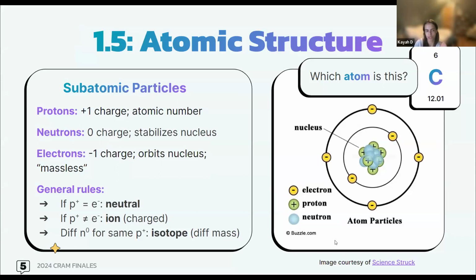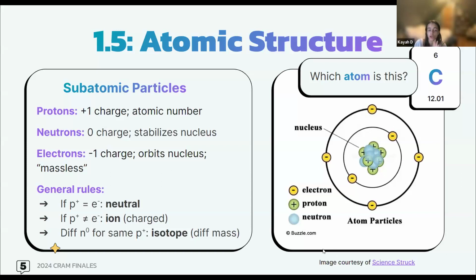P for protons, P for positive. So then you have a +1 charge. And the number of protons is the same as the atomic number. So like all the way on the right, if you take a look, you'll have carbon, the C with a 6 above it. So that's the atomic number, and that's also the number of protons that an atom of carbon has.